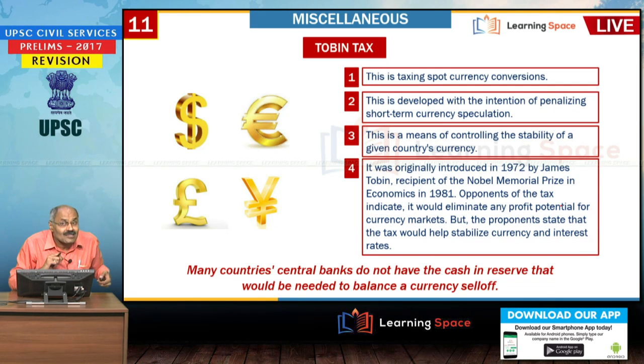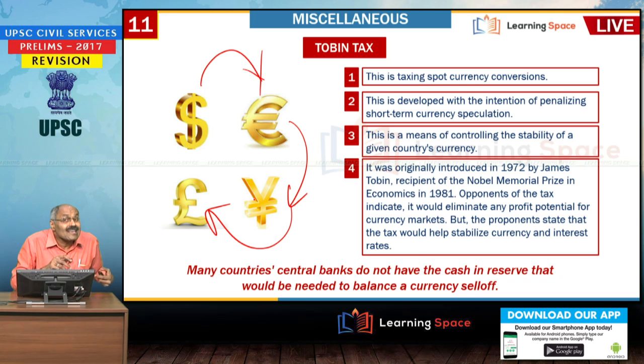Then Tobin tax. Tobin tax is basically to look at arbitrage. What will happen is, persons will exchange from dollar to euro, maybe euro to yen, subsequently to pound. Like this, if the currency conversion is made, then sometimes they may gain some profit through arbitrage.